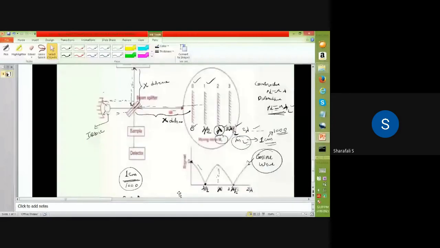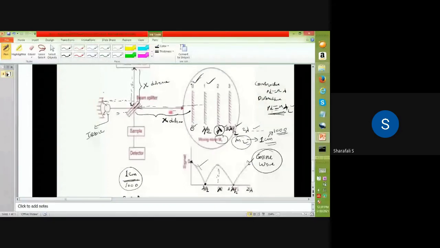If you consider this zeroth position, for each wavelength we will be getting this kind of pattern. What is actually happening here? If you consider this zeroth position, we'll be getting a pattern like this.